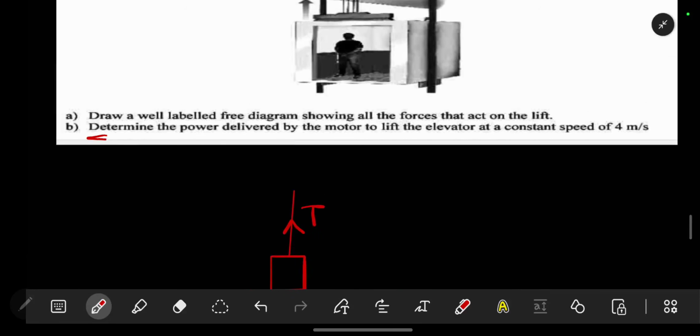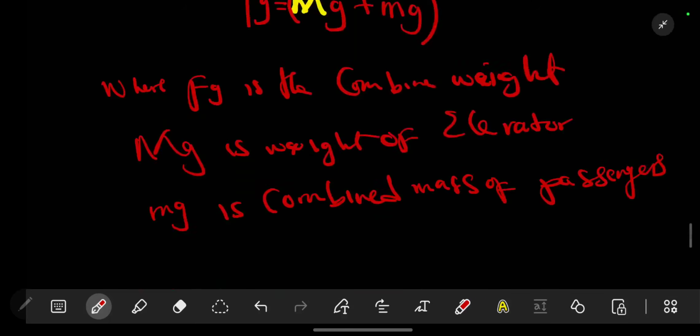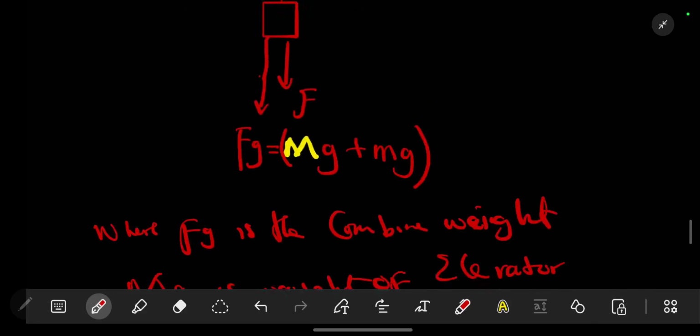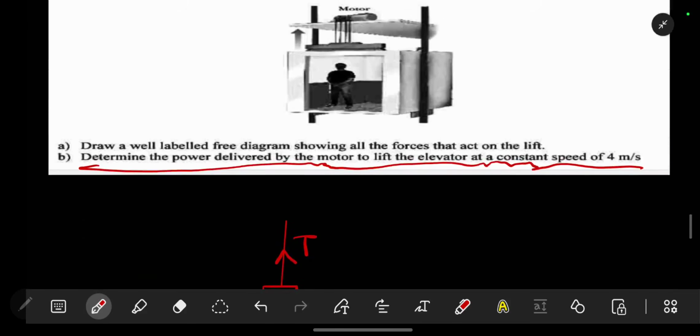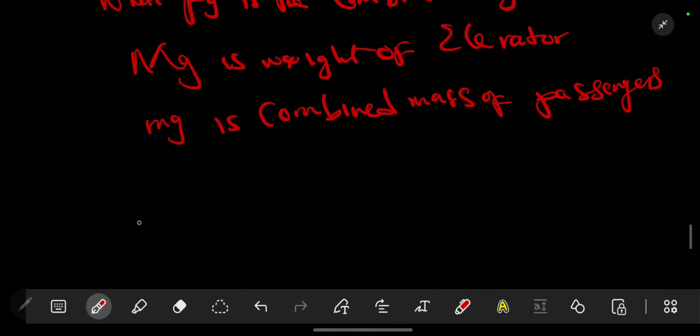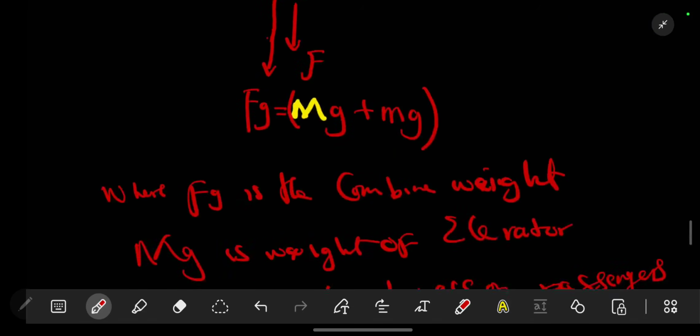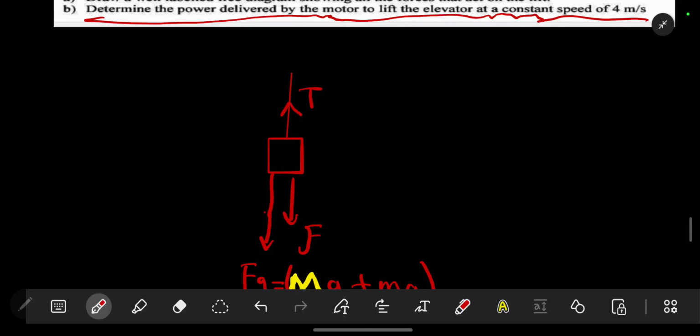Then the second part says determine the power delivered by the motor to lift the elevator at a constant speed of 4 meters per second. So here, we know the speed is constant, so we can use power is equal to force times the speed. Now the force that is acting is the tension, so we need to find it.